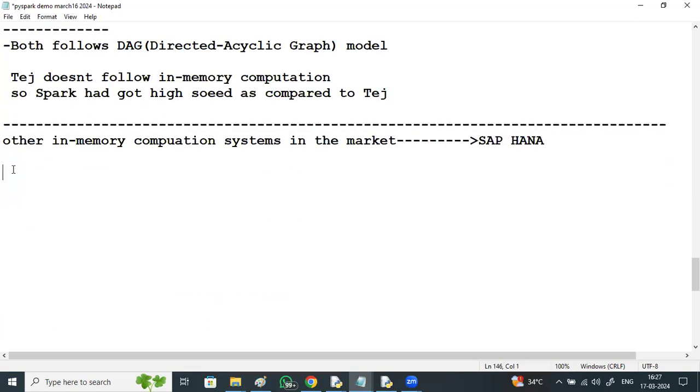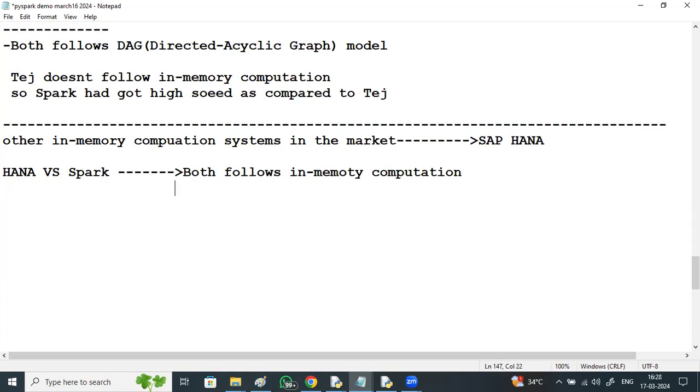We talk about HANA and Spark. Both follow in-memory computation. But HANA is not distributed.